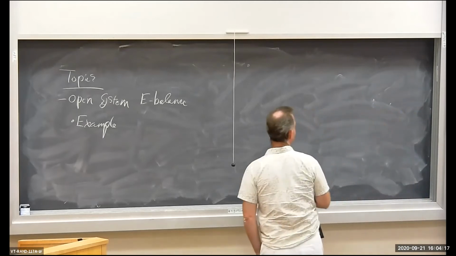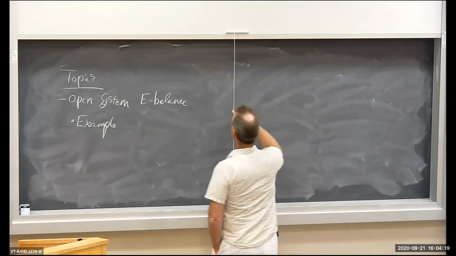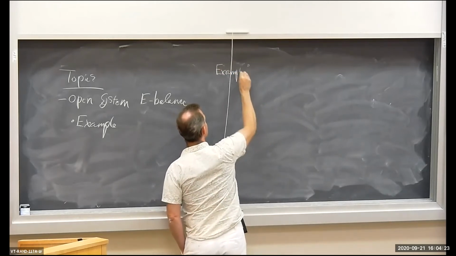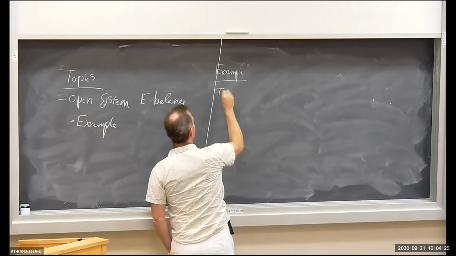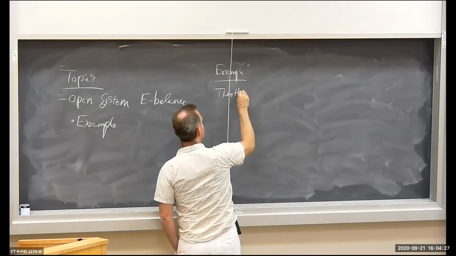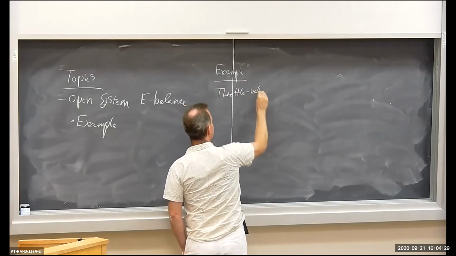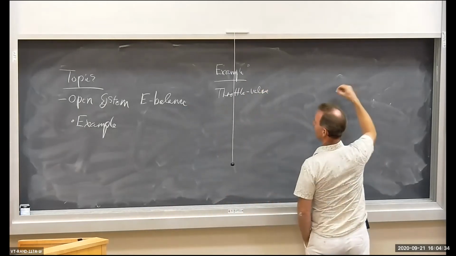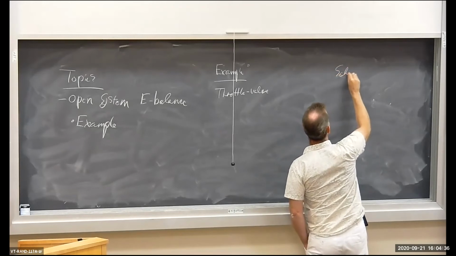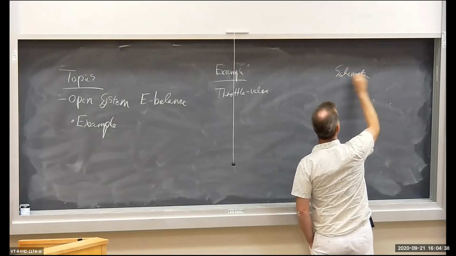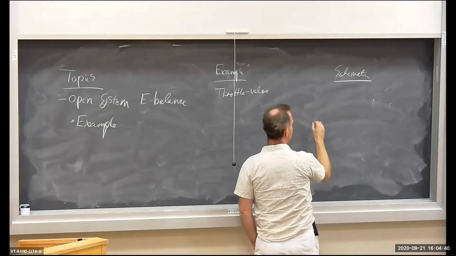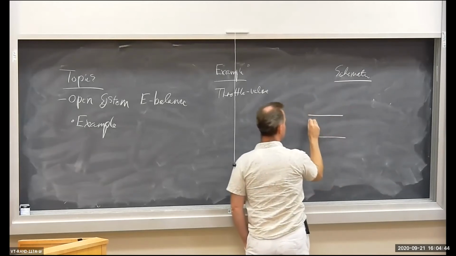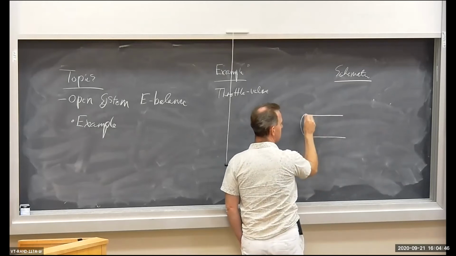So let's look at an example here. Example: throttle valve. Let's put up a schematic of what this throttle valve is and what it does. So we have some sort of a tube right here, could be a circular tube of some kind.